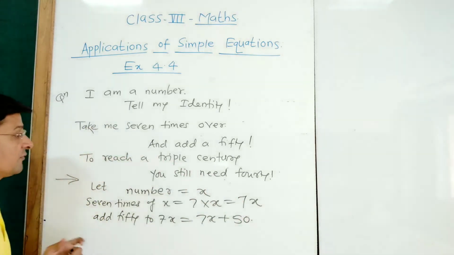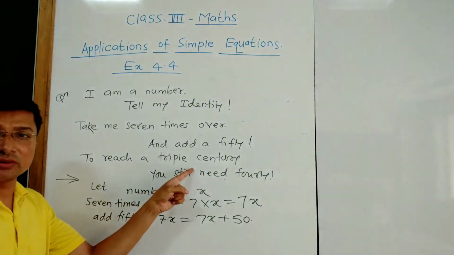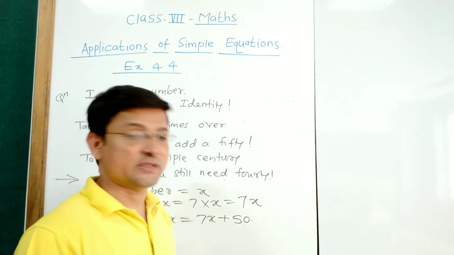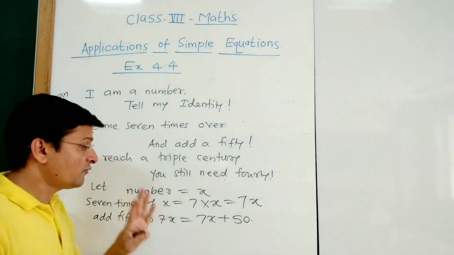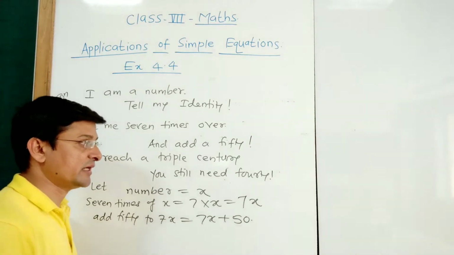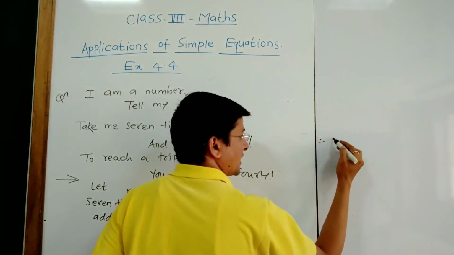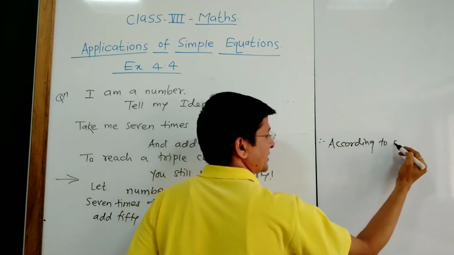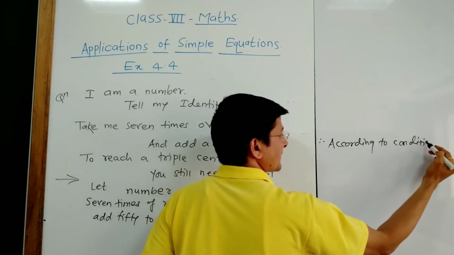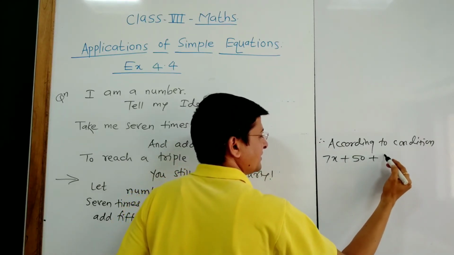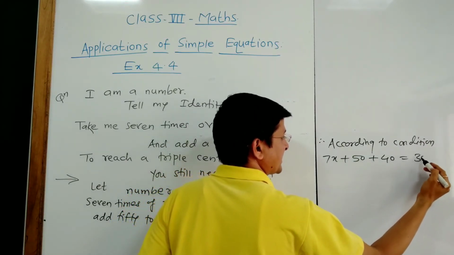Okay. Now to reach a triple century, you still need 40. To reach a triple century, now we have to need 40 for this equation, for this expression. Okay. Therefore, according to the condition, 7x plus 50 need 40 to reach a triple century.